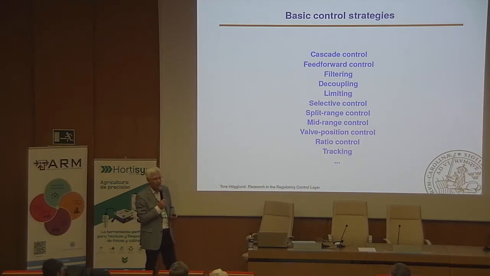You have provided two very nice examples, ratio control and feed-forward control, of course. But I remember that in the second book that you wrote with Carl Armstrong, you provided many examples about split range control, selective control, mid-range control. I think that could be interesting in order to provide some kind of common basis to attack all these problems.